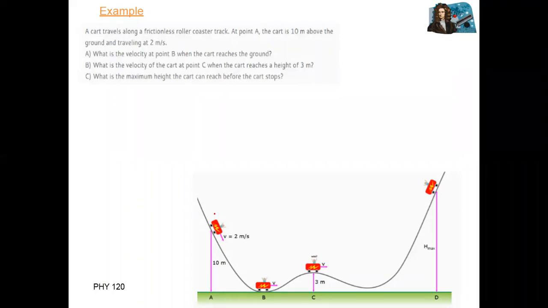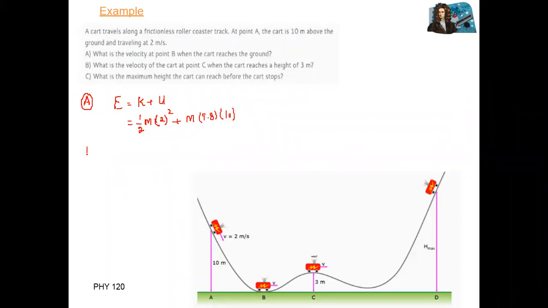Okay, at position A, total energy of a system, mechanical energy equal to kinetic energy plus potential energy. Half m is mass and v square, where velocity is given 2 square plus mgh, mg 9.8 and height is given 10.